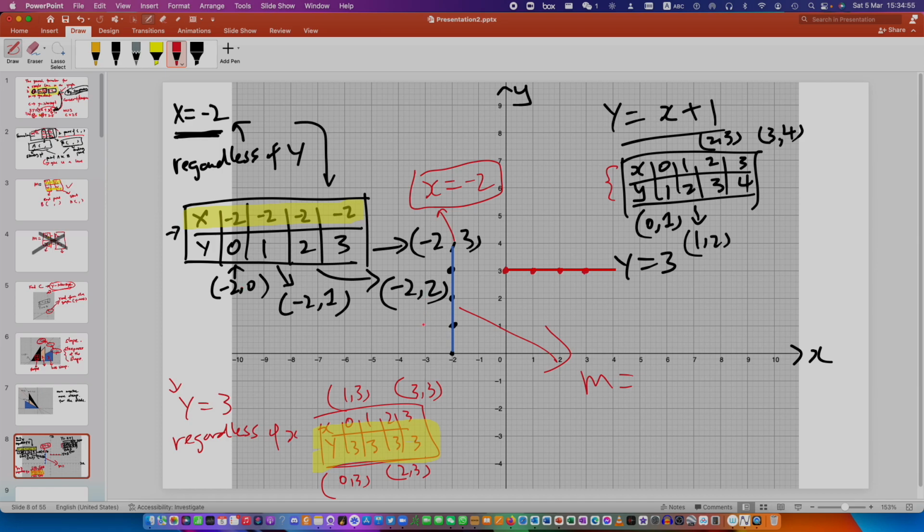Which is your start? Okay, good. So what is this point? Read to me. -2 and 3.